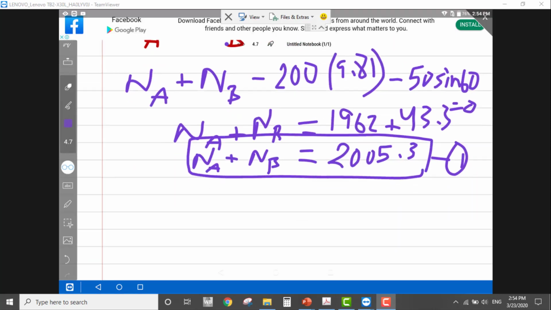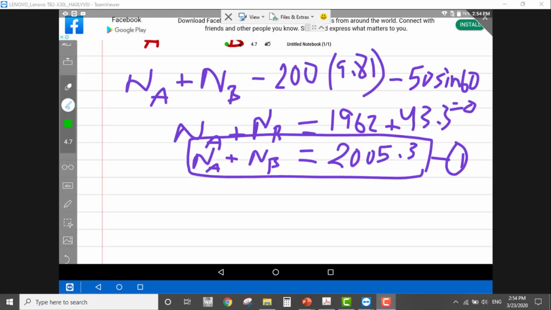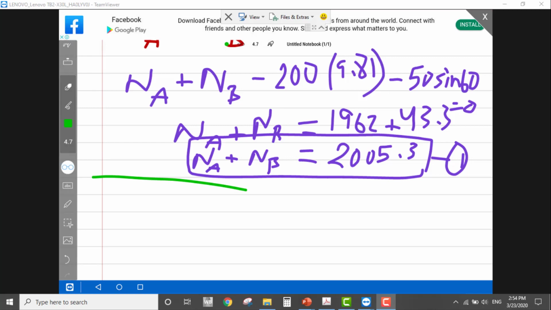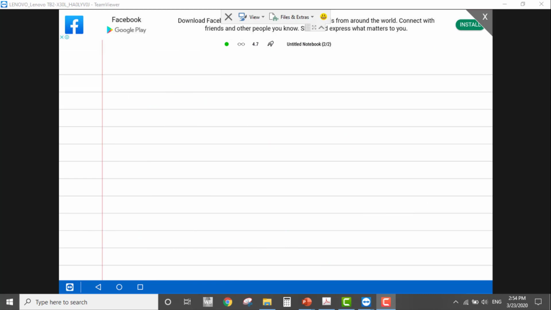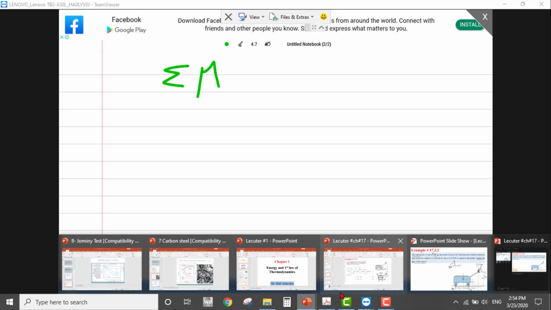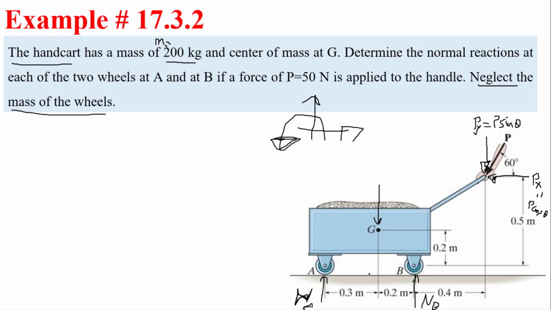Now the third equation, summation of moment. Now, around which point is it better to take the summation of moment? If we take it around G, then the only thing that will cancel out is the weight.